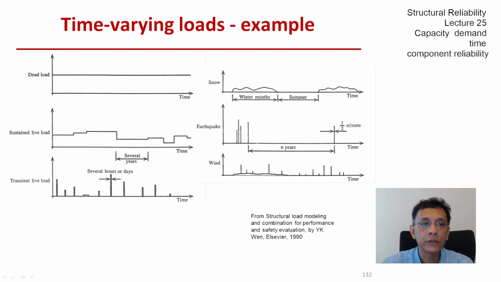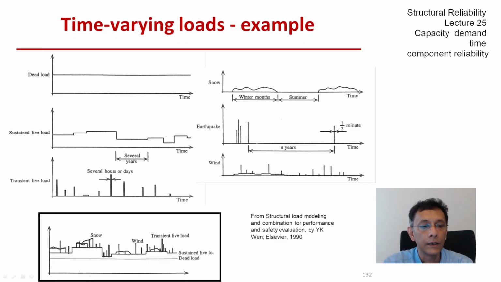Natural hazards give rise to other kinds of loads with other kinds of time variation: snow loads, earthquake loads, wind loads, and so on. In the end, they all come together, and the total load profile is the sum of all of these, but not necessarily a linear combination.